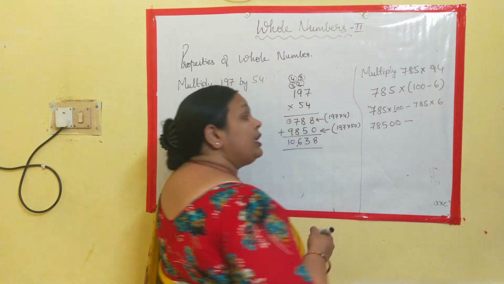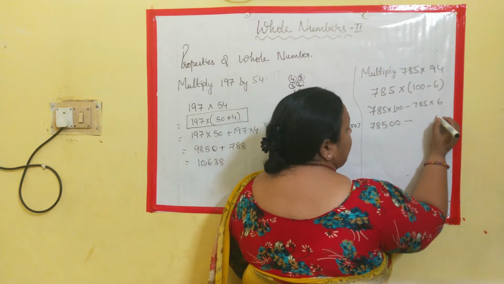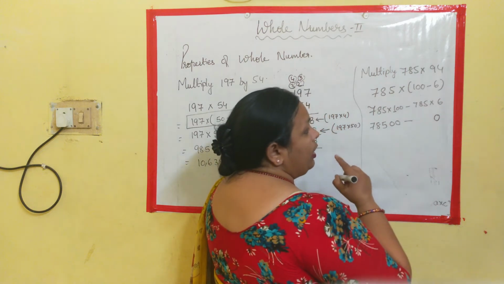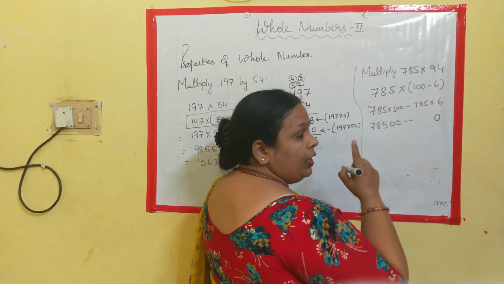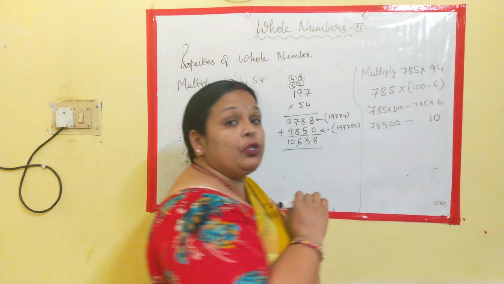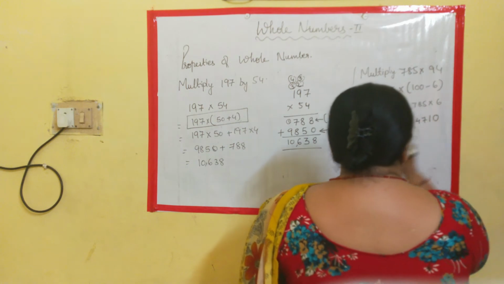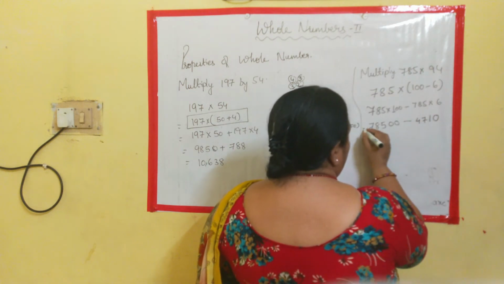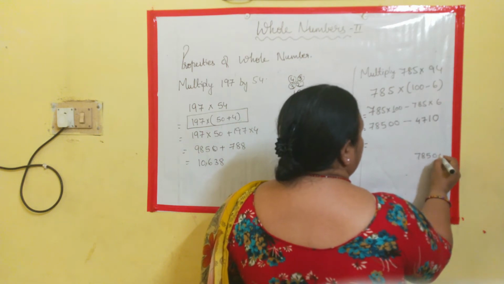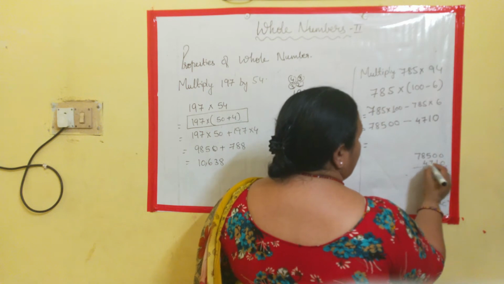Then minus 785 into 6, that is 6 5s are 30, 0, 3 in hand, 6 8s are 48, 49, 50, 51, 1, 5 in hand, 42 plus 5 is 47. So we get 4710, and when you subtract these two numbers, that is 78500 and 4710, you are going to get 0 here.